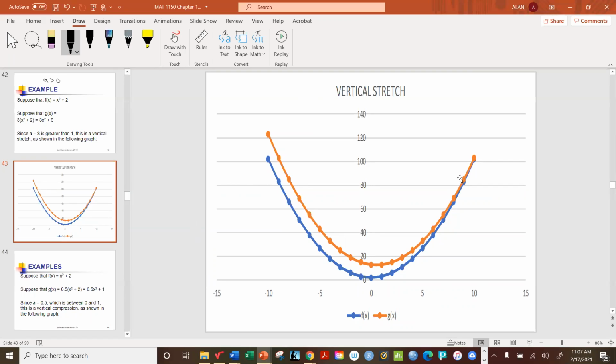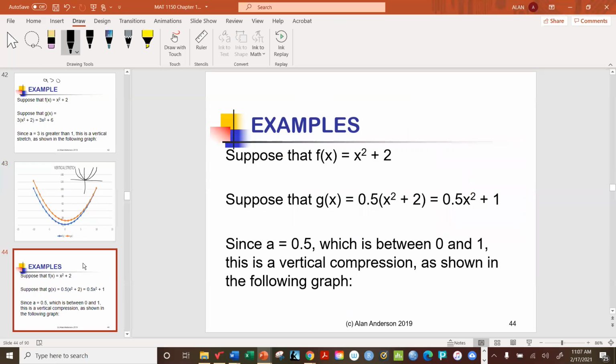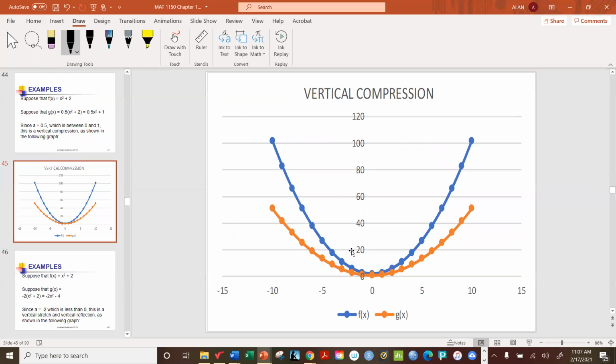I'm a little concerned about this graph, but anyway, the orange is like a flower. It starts out like this and it closes up at night or something like that. This is how I would think of it as a vertical stretch, but sometimes it's hard to tell with some of these Excel graphs. But if we do the opposite, like if a is a fraction, oh, see, that one looks good.